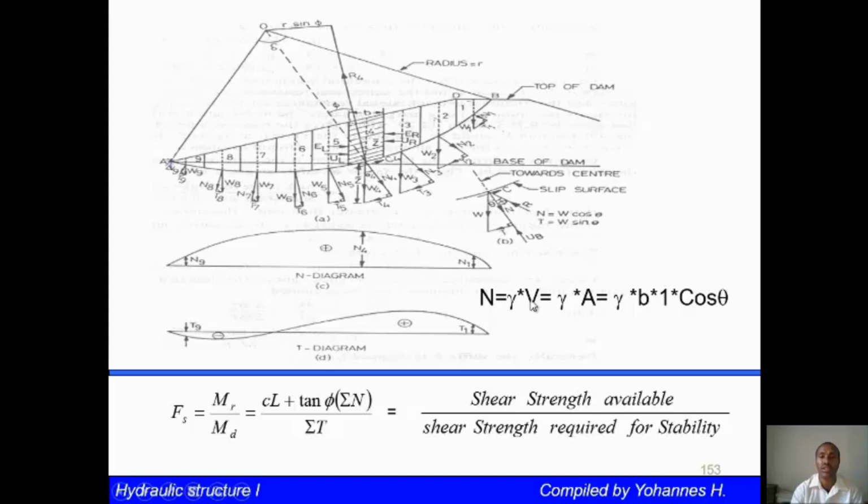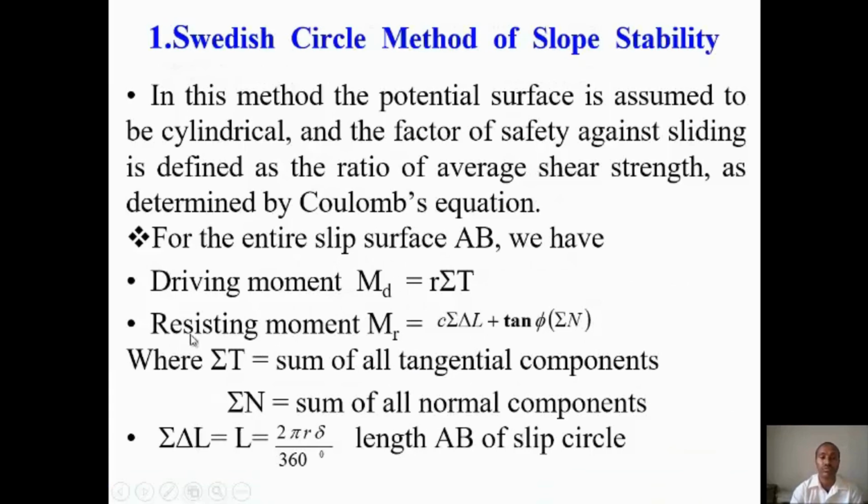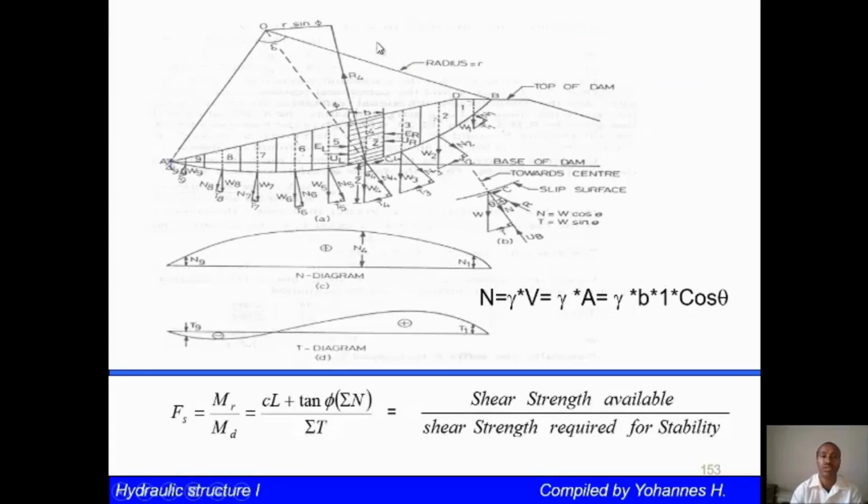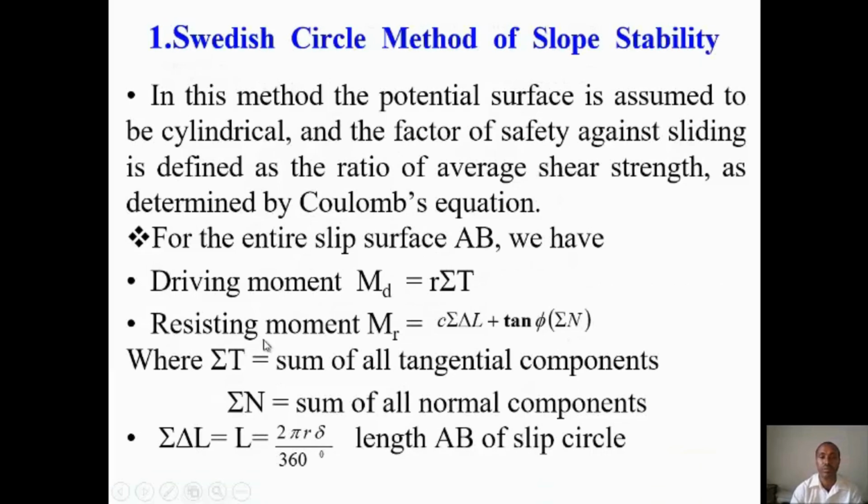Where W is gamma times area, gamma times b times 1 meter width. So gamma is the unit weight of the soil, times cos theta. Let me go back again. So driving moment is the radius times the summation of T. You have the radius, then the summation of all T for the whole slip circle AB, and then you get the driving moment.